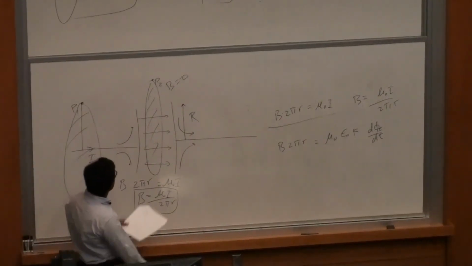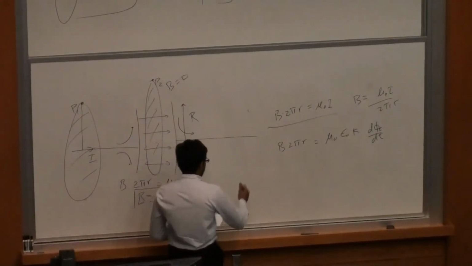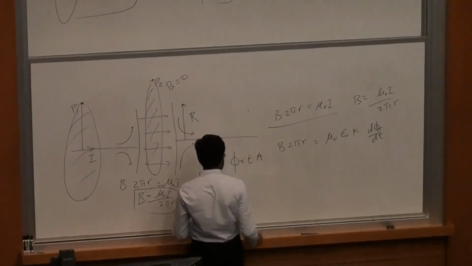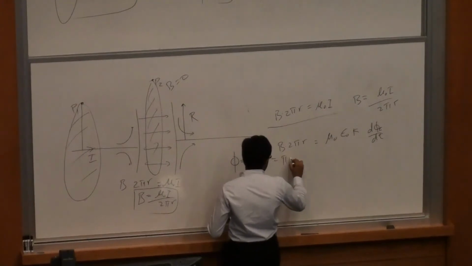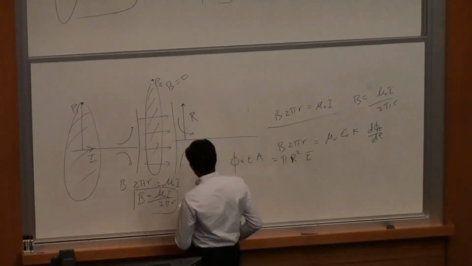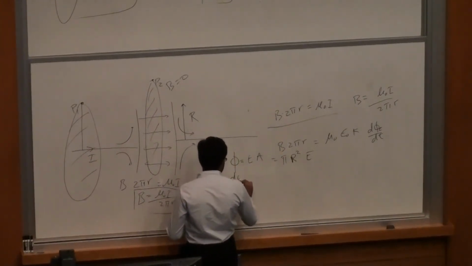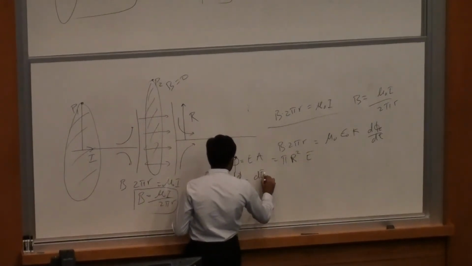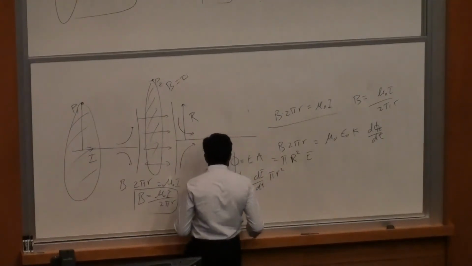All right, but again, we're assuming no fringe fields, so my flux here is going to be E dot A, right? So this is going to be pi r squared times E. Now d phi dt is equal to dE over dt times pi r squared.